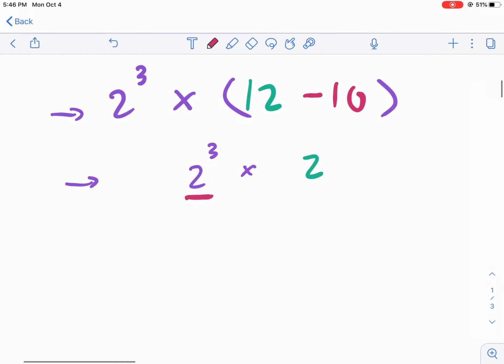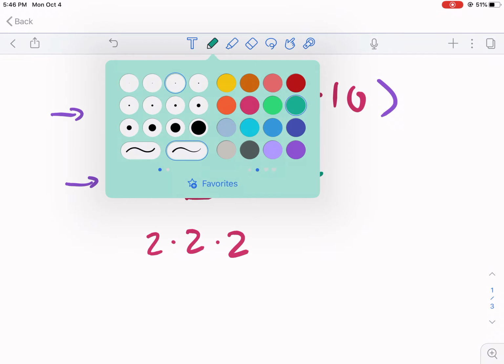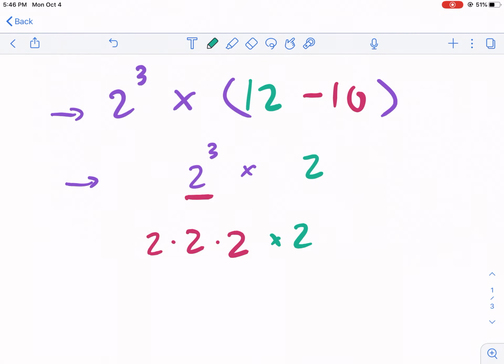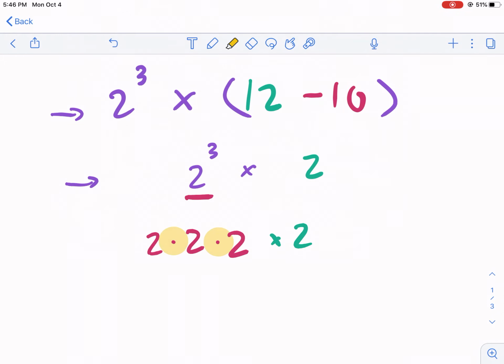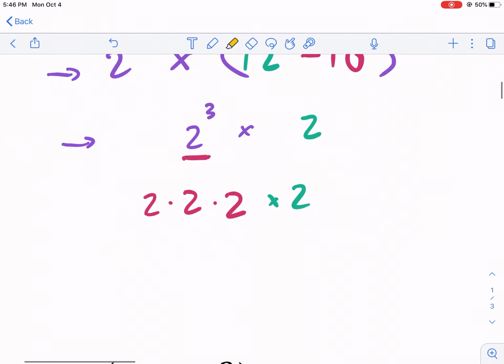Now, 2 to the third power, what does that mean? That means we're doing repeated multiplication. Anytime we have exponents, it's repeated multiplication. So essentially we're multiplying 2 by itself 3 times. And don't forget, we still have to multiply it times 2. Anytime you see this little dot, it's not a decimal. Because it's halfway up the number, that means multiplication.